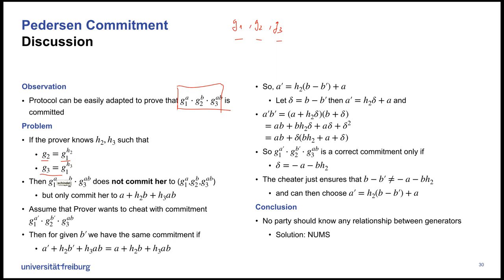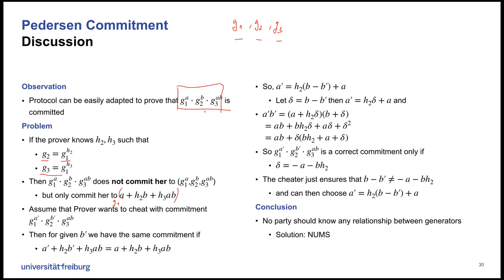So that I have some hidden information in the generators, which I'm now using against you. And if I commit now to this value, then I have as hidden information that this is basically G1 to the power of A plus H times B plus H3 times AB.